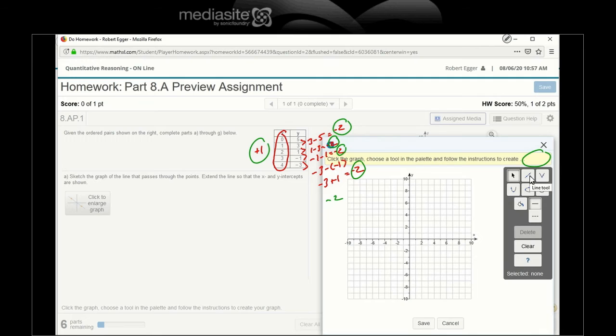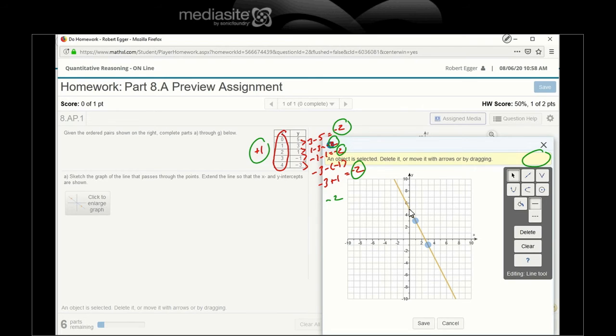You don't have to use those extreme ones. You can also use when x is 1, y is 3, and when x is 3, y is minus 1. And just for kicks, look over here and check out the x, y intercept.